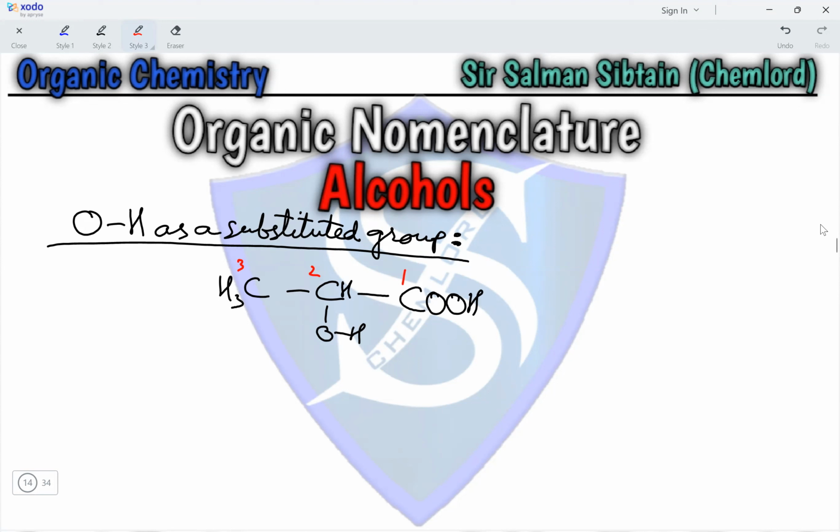However, the parent compound contains three carbon atoms, and the substituted group placed at the second position is the OH group. So now, since the OH group is acting as a substitute group because the functional group here is the carboxylic group, the name of the substitute group would be called hydroxy.